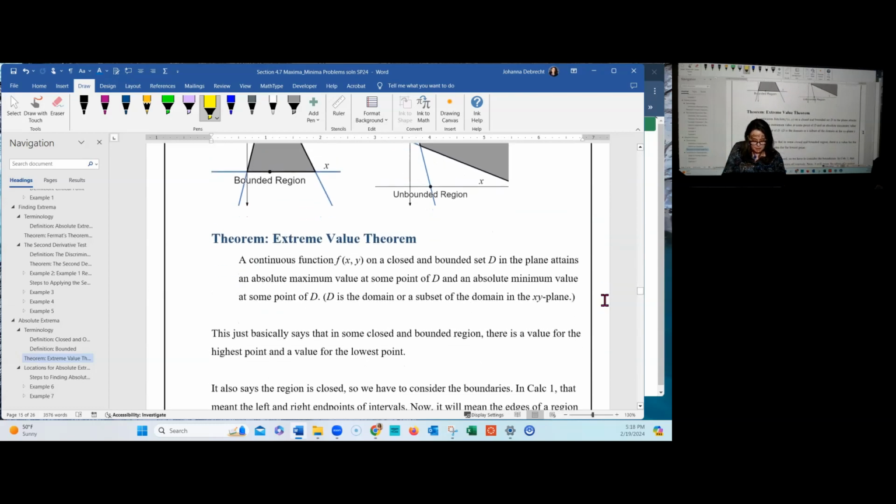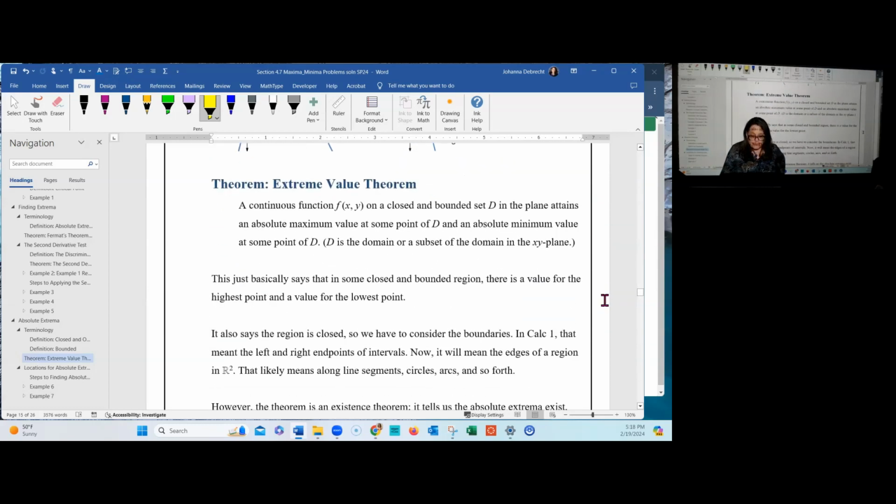We need an extreme value theorem for a function of two variables. The extreme value theorem says take a continuous function f on a closed and bounded set D. So I not only need a closed region, including the boundaries, but it has to be bounded, right? Technically, negative infinity to infinity is both open and closed.